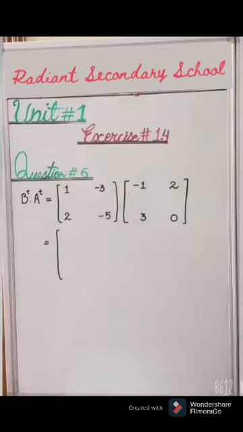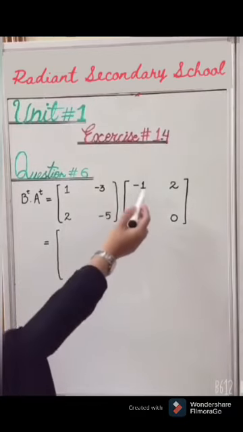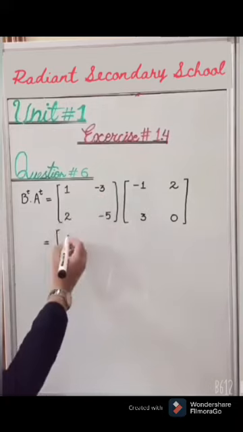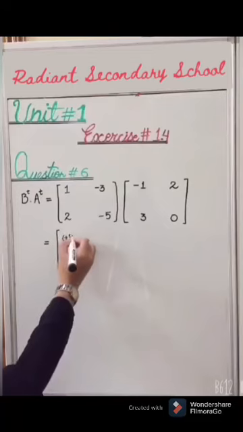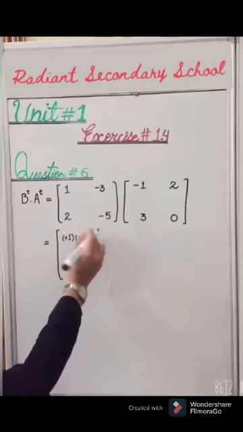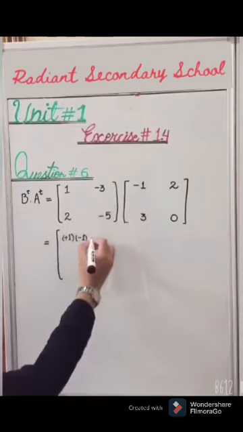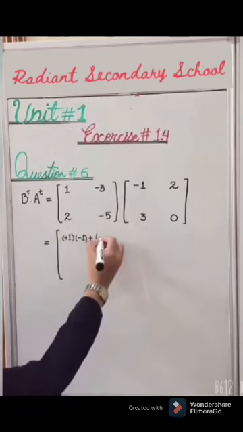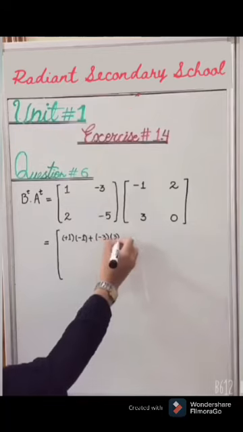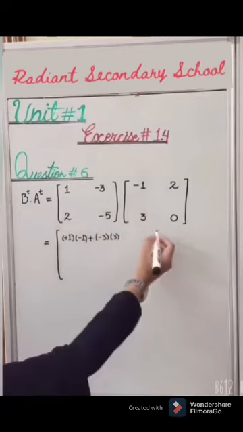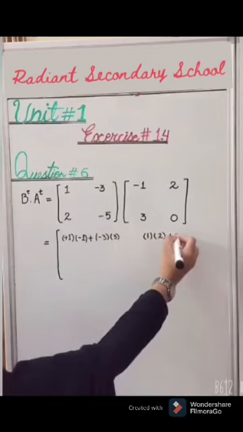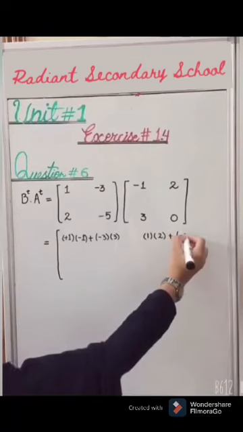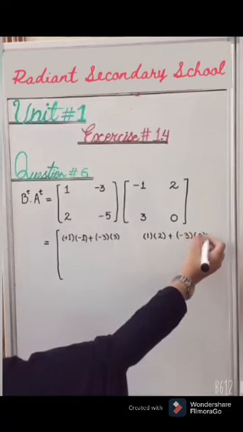We all know how to multiply the matrices. So let's start multiplying. I will multiply first row with first column, and first element with first element. So it will be plus 1 into minus 1, and again in between there will be a plus sign, and minus 3 into 3. First row second column: 1 into 2 plus minus 3 into 0.